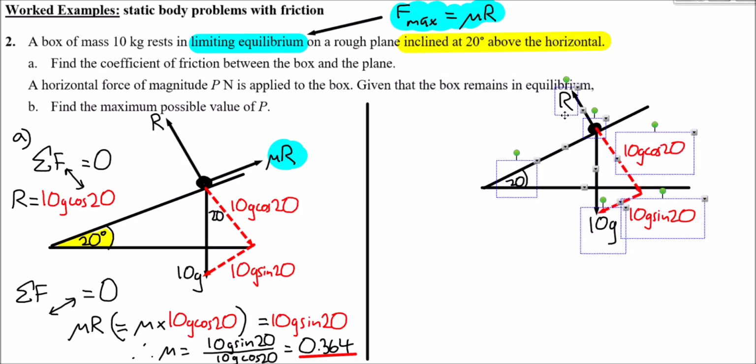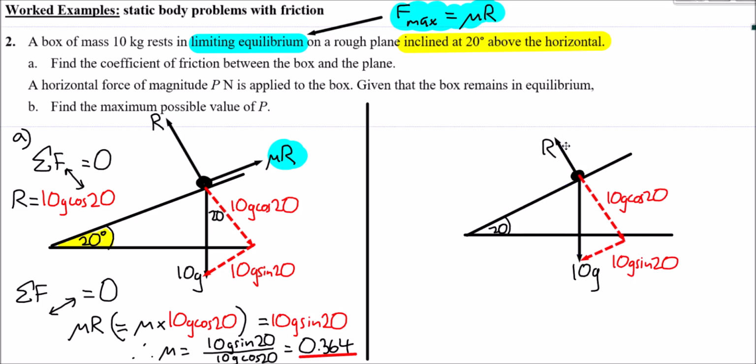I'm running out of space, so I'll give myself a bit more space here. So now we need to add on this P Newton force, which is horizontal. So P's coming in at this angle here, straight on. That's P. And what we can do for P is resolve perpendicular and parallel to the slope.